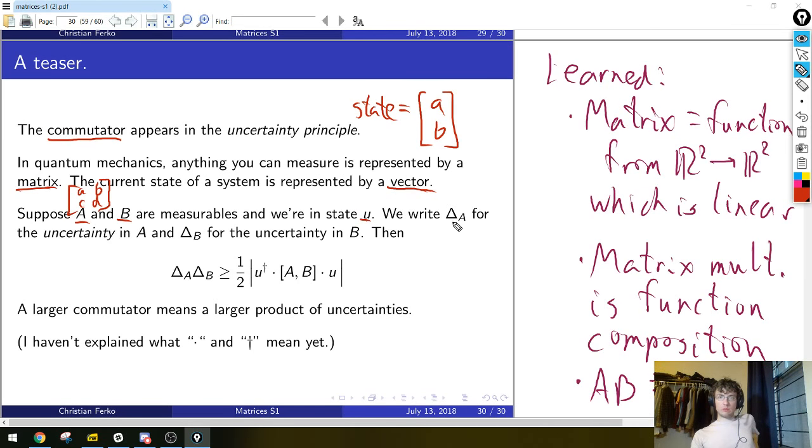Then we write down two numbers, delta sub A, this is the capital Greek letter delta, and delta sub B, for the uncertainties in those two measurements. That means if I measure the thing associated with A, there's going to be some error in my measurement. That's delta A. Delta A is just a number.